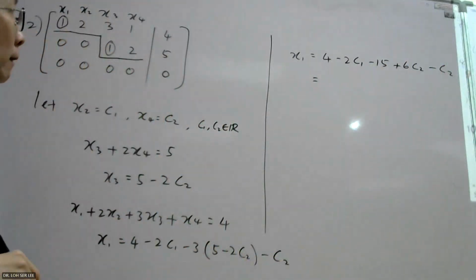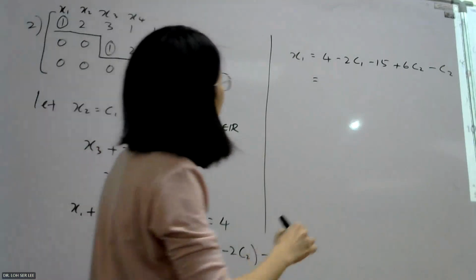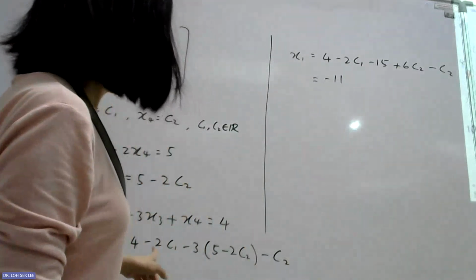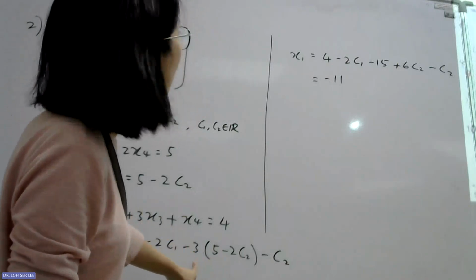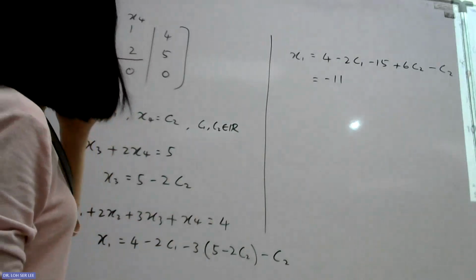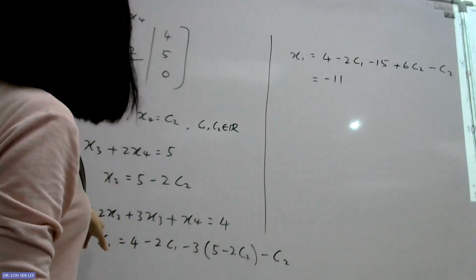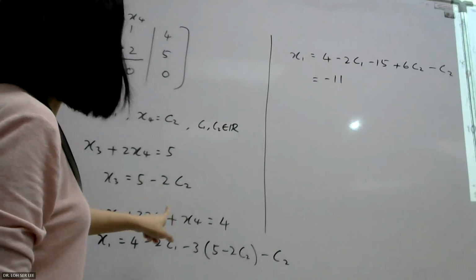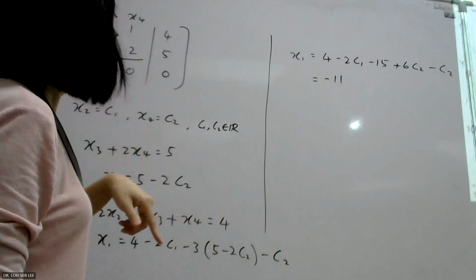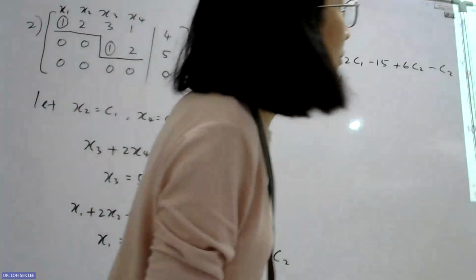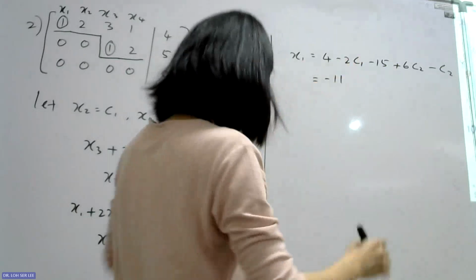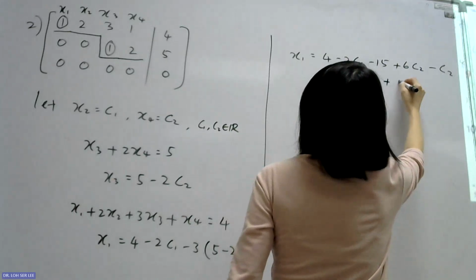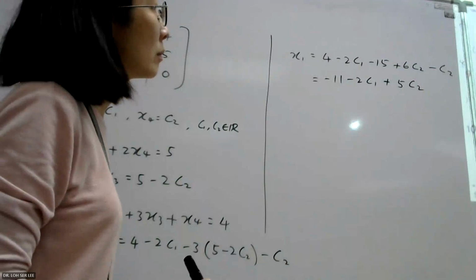Okay, simplify. 4 minus 15, negative 11. Then minus 2c1 plus 5c2.